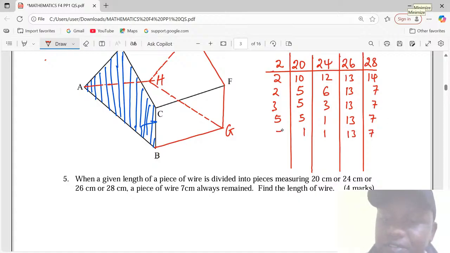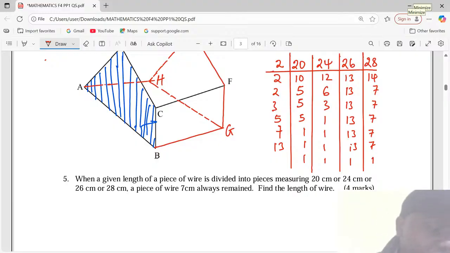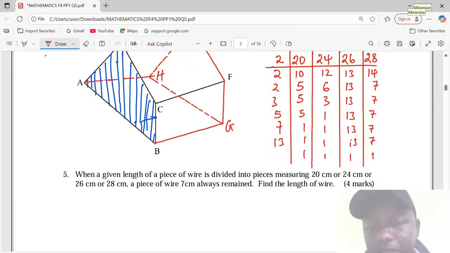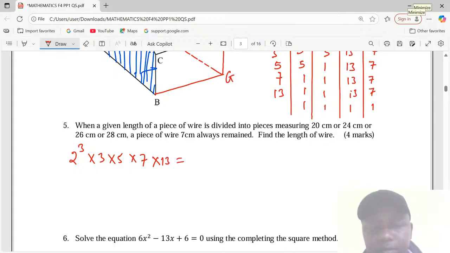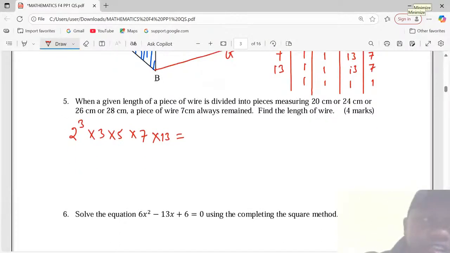By 7, 1, 1, 13, 1. Then by 13, 1, 1, 1, 1. So we have factored out 2 power 3, times 3 times 5 times 7 times 13. This is 8 times 15 times 7 times 13, giving me 10,920.